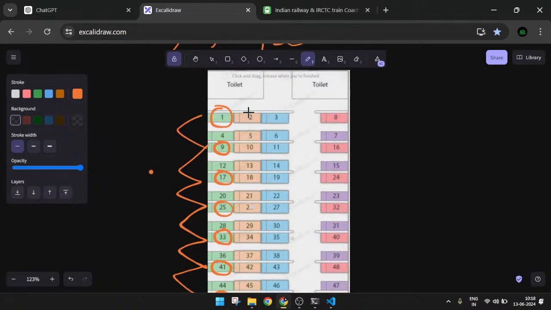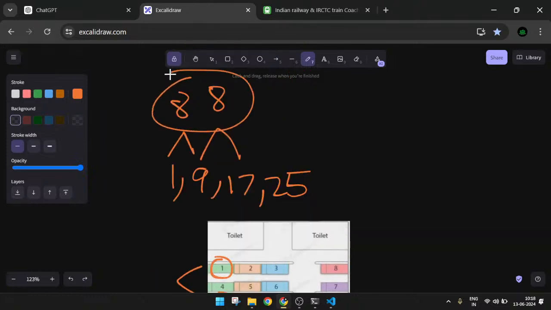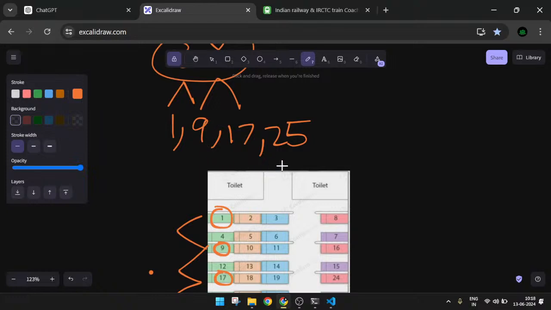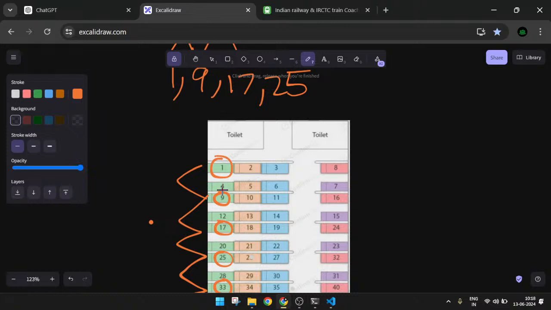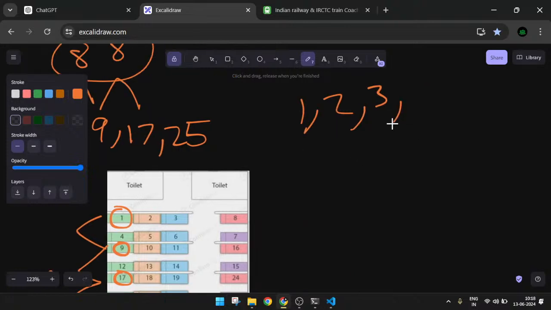So all these numbers have a difference of 8. So I can start by 1, start by 2, and start by 3. This is information that we need to remember. We might need it in future. And I can start from 1, 2, 3, 4, 5, or 6.